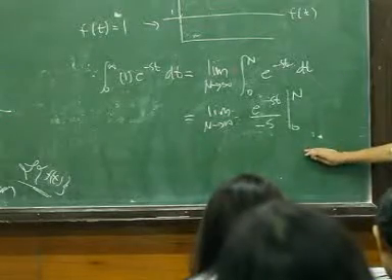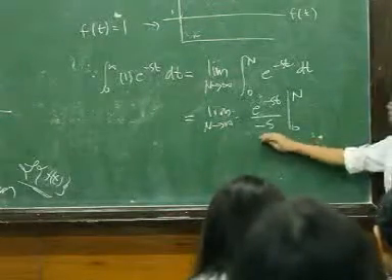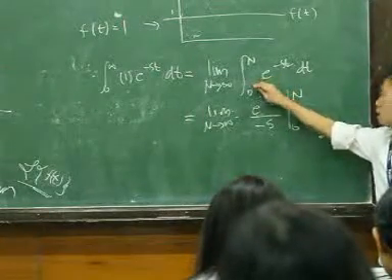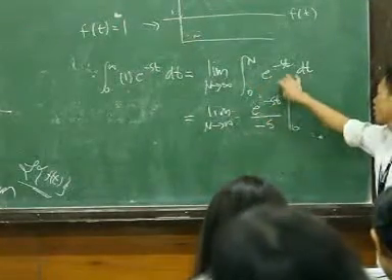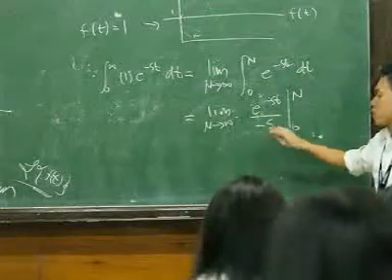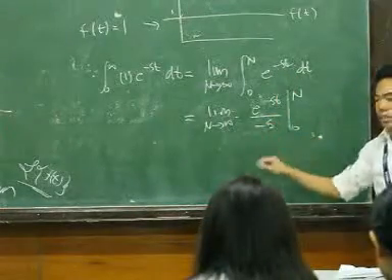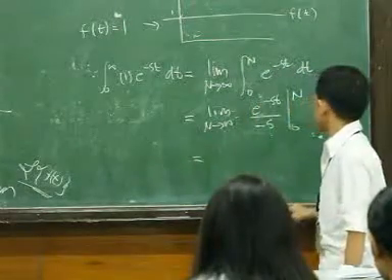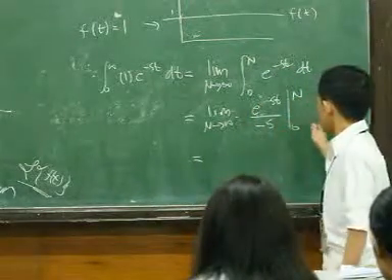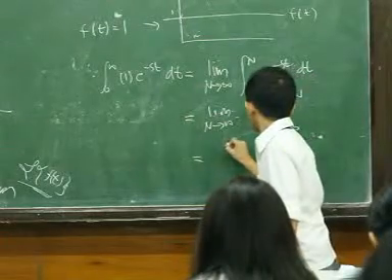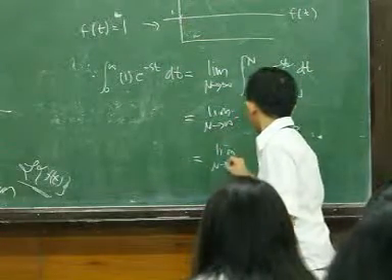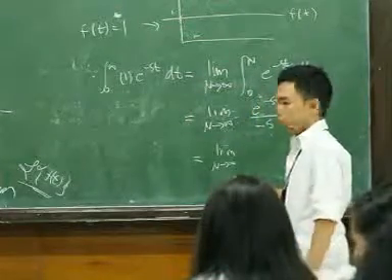Remember, there's a negative s because the integral is positive and s is a constant value. Next thing that we do is evaluate this equation, and this becomes the limit as n approaches infinity.